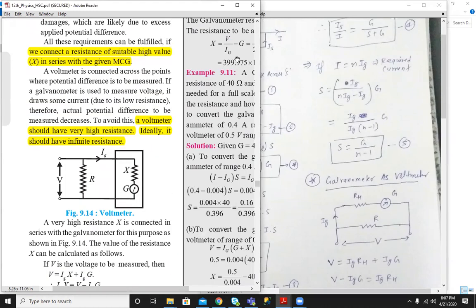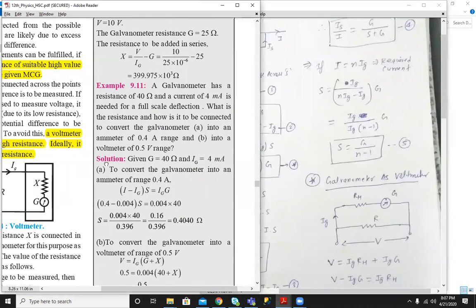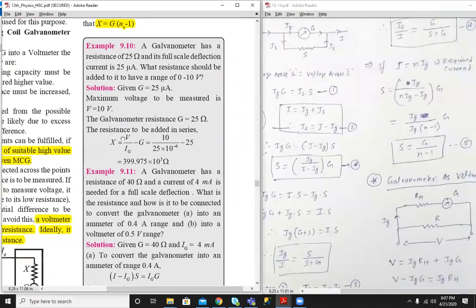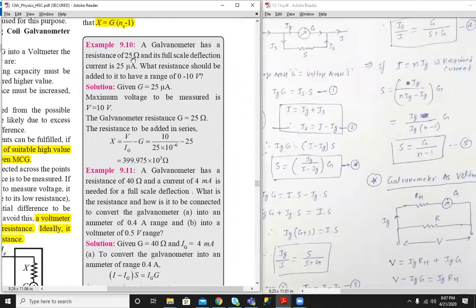Let's see the problem for the voltmeter given in the book. A galvanometer has a resistance of 25 ohm, meaning capital G is given, its full scale deflection current or maximum current. Sometimes the wording is given as maximum current of galvanometer, so don't get confused with the wording. So Ig is given as 25 microampere.